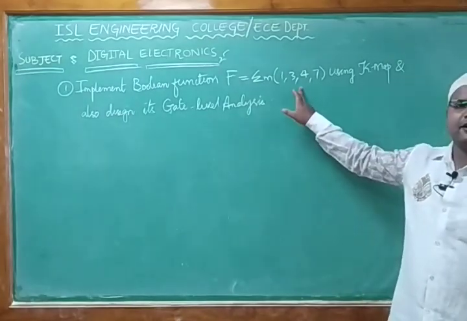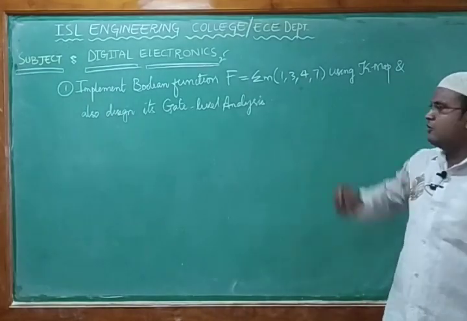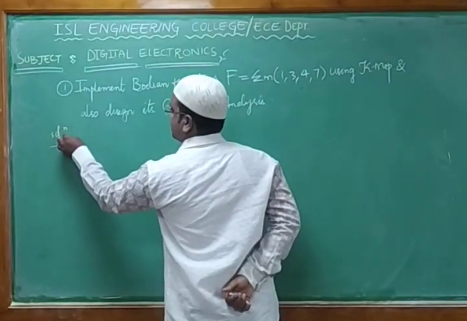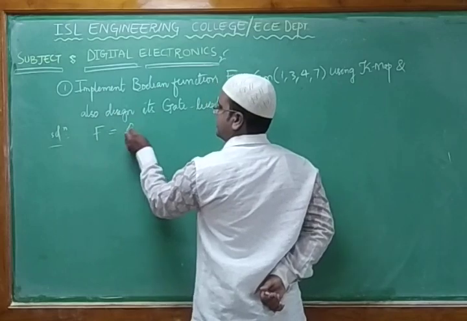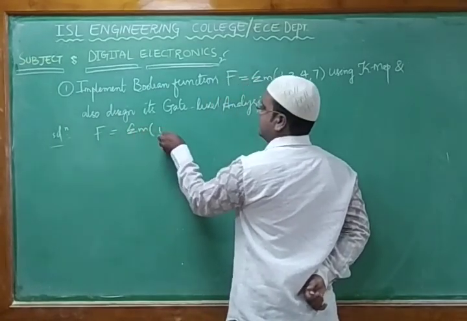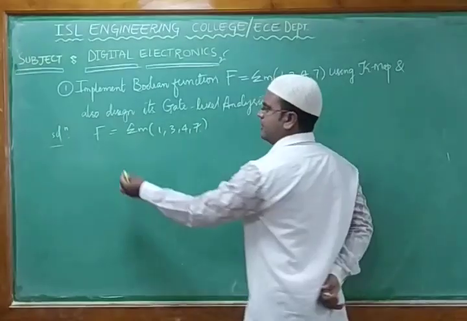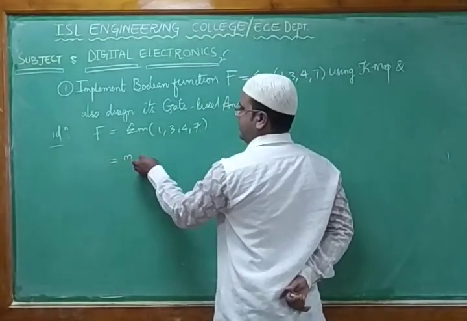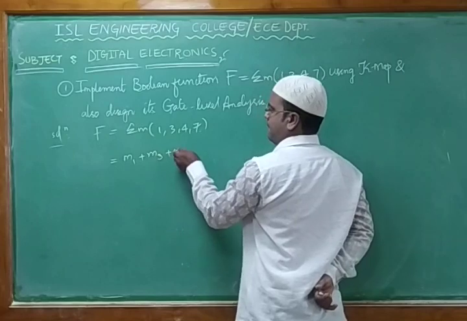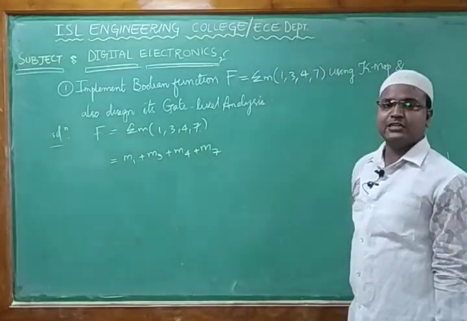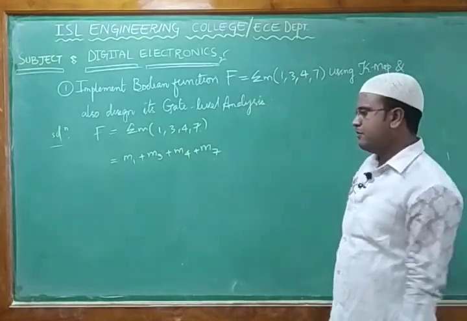The first thing is that we need to take the function. We have f equals summation m of 1, 3, 4, 7. This is our function. We'll write all those min terms: m1 plus m3, m4 and m7. How many min terms do we have?